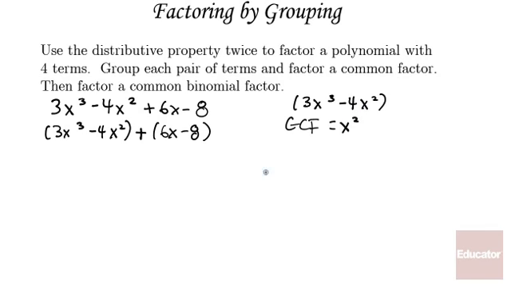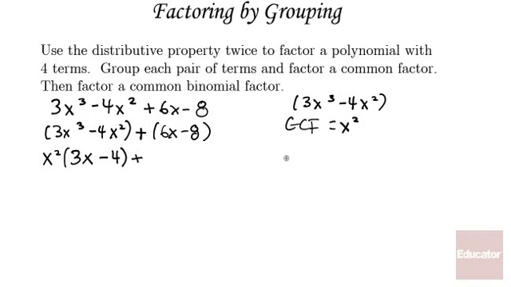That's my greatest common factor for this first set of terms. So I go back and I'm going to write this, just as I discussed in the last slide, as the product of this greatest common factor and what is left behind. So I have an x squared that's going to leave me with a 3x. For the second term, it's just going to leave me with a 4.